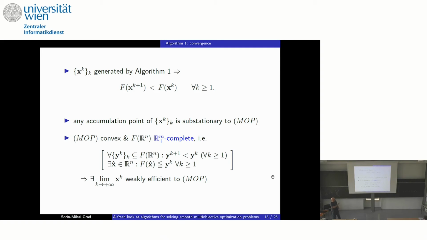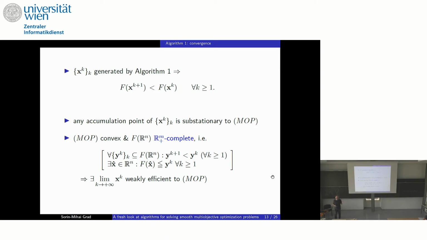And then if we add some additional assumptions which are standard in the whole literature on algorithms for vector optimization, convexity plus the image set of the problem to be R^m_+ complete, which is what you see here. It's not a new notion, we didn't invent it.